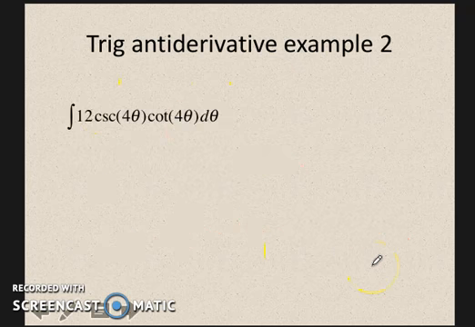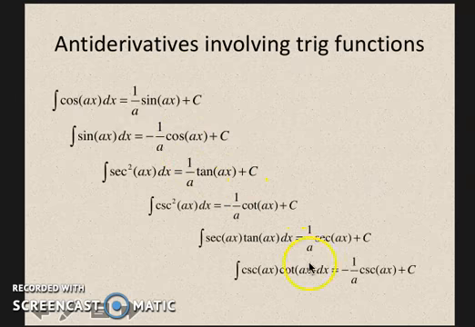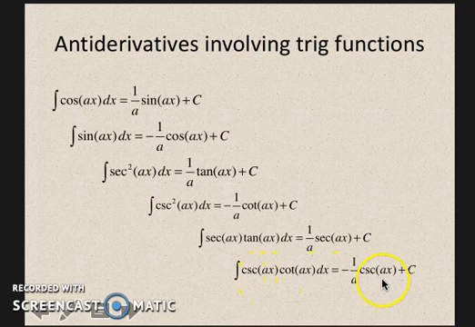Let's take another example. We have the antiderivative of 12 cosecant 4 theta cotangent 4 theta d theta. You have to think back again: what function has a derivative of cosecant theta cotangent theta? Or you can go back to these rules. Cosecant ax cotangent ax has antiderivative negative 1 over a cosecant ax plus c.